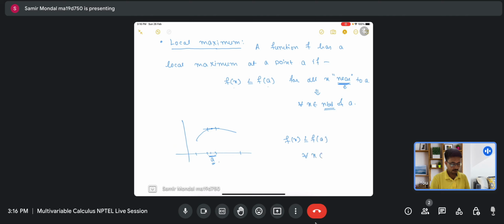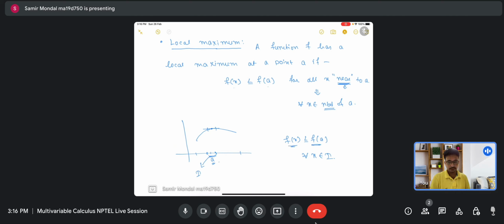for all x belonging to, let's name it I, for all x belonging to I. So when we take a neighborhood of A, we can observe that all functional values near this point f of A are less than or equal to this value.